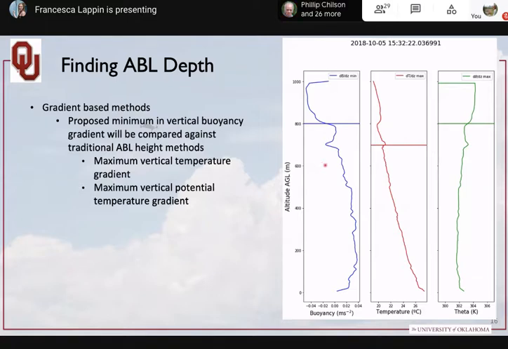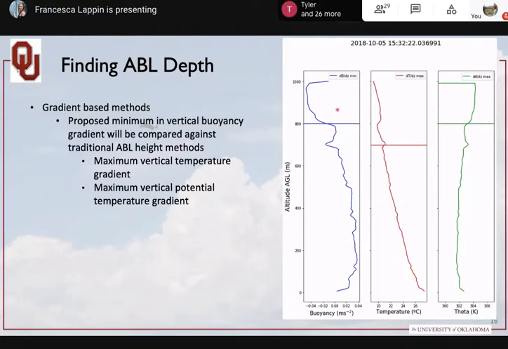So we wanted to apply that to our buoyancy profiles to see if it followed a similar strong gradient at the point of the boundary layer height. But for this case, it would be a minimum rather than a maximum.